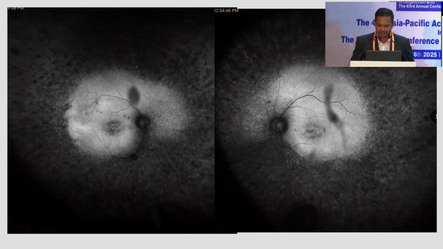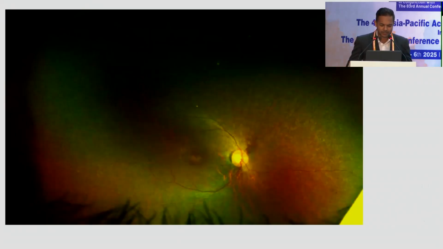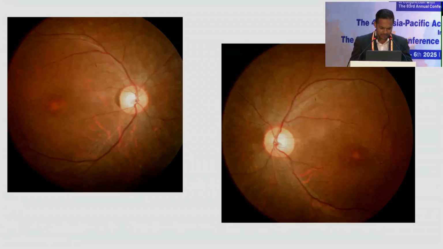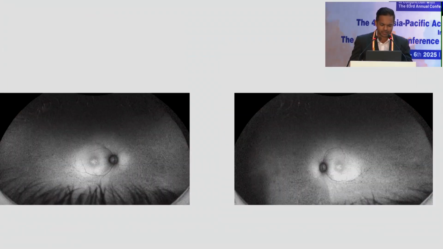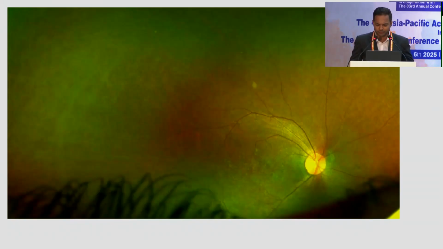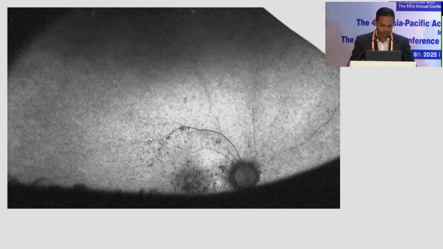But that said, there were also patients who had a paucipigmentary appearance, reported by Dr. Sen et al., which had more central macular changes, but not as many peripheral pigmentary changes. These patients, unfortunately, did have significant vision loss, which ranged from typically finger counts at 2 meters to hand motions close to face.